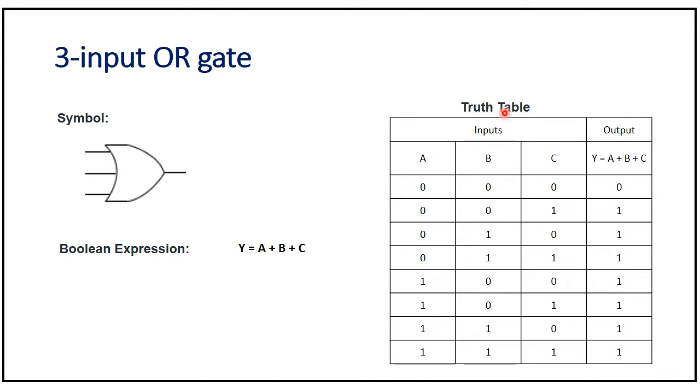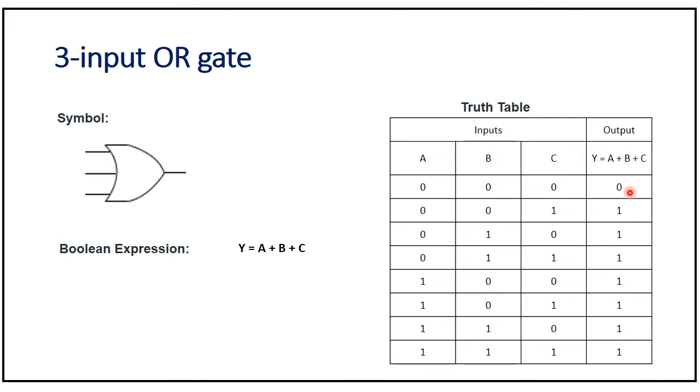Truth table: OR gate has 3 inputs: A, B, C, and 1 output, Y, which is equal to A plus B plus C. When we say OR gate, if any one input is 1, then your output will be 1. If all inputs are 0, then your output will be 0. See, A is 0, B is 0 and C is 0.